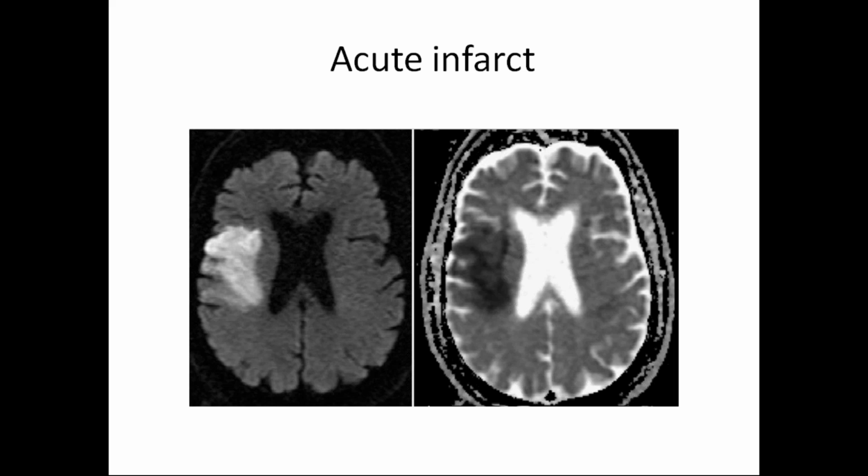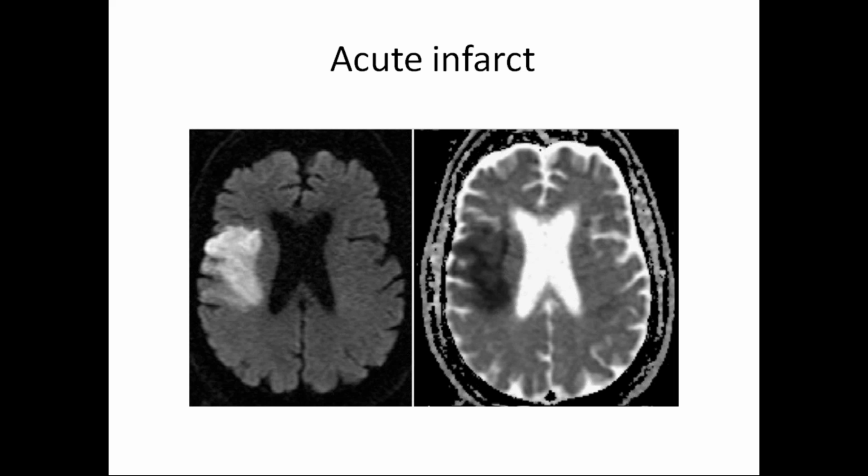And this, what we see here, is the MRI scan of a patient presenting with an ischemic stroke. That is, his symptoms were sudden loss of consciousness, with no history of previous trauma or anything. He was a known hypertensive.